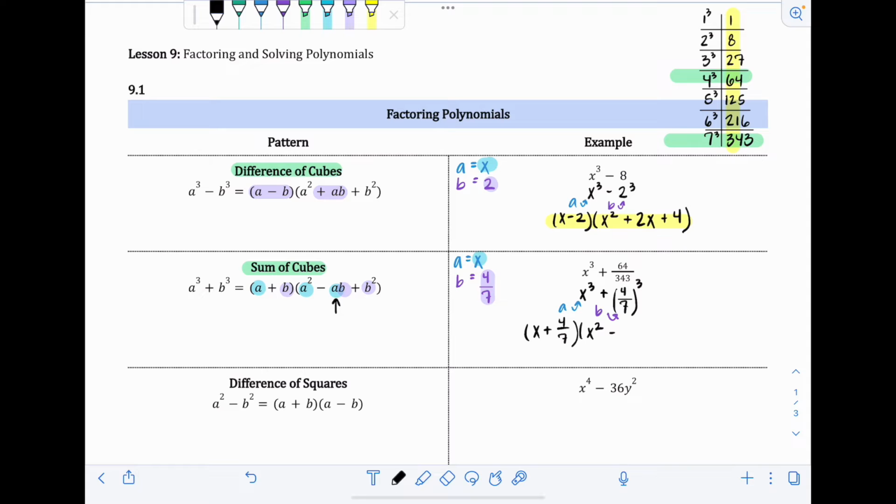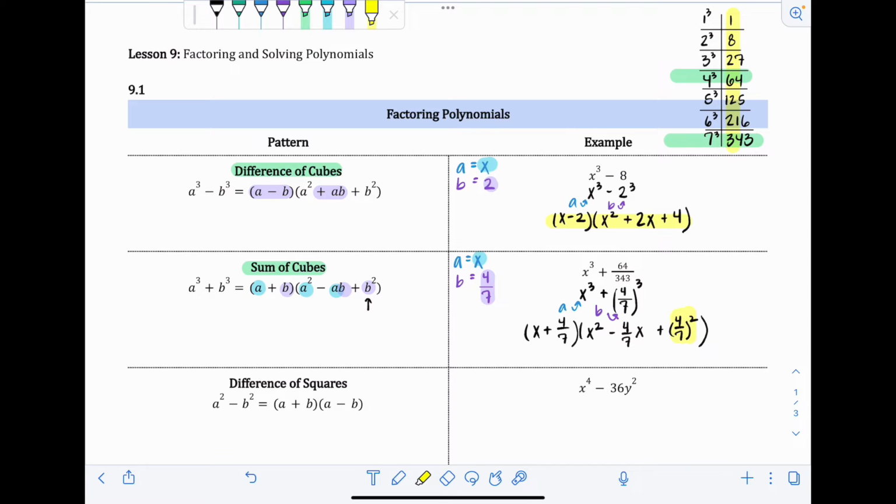So it'd be minus 4 sevenths, and then times x. And then last is b squared, so plus 4 sevenths squared. This one I am going to just leave there so we can see that step. And then we just want to simplify this part.